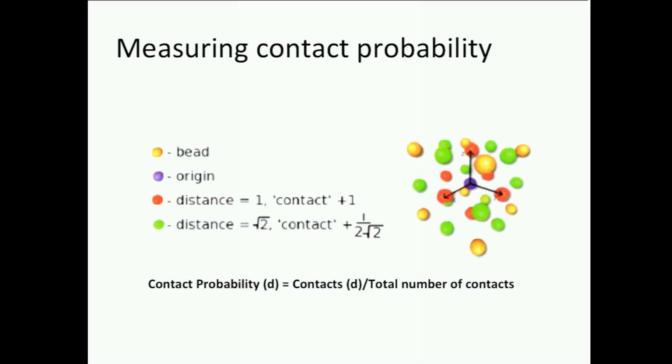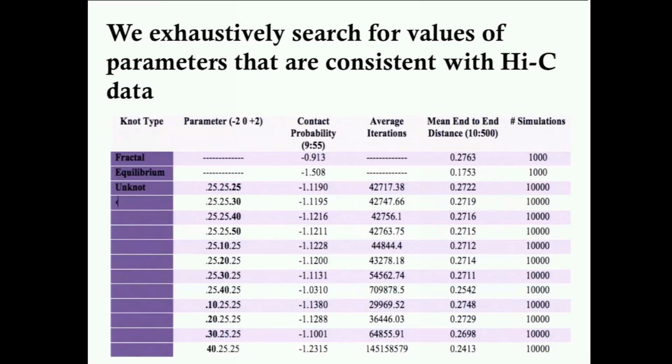And then we consider also those points that are diagonally across and put some weight on those ones, all right? We tried different methods. The results were all consistent, but this is the one that we reported in the paper. So you can define contact probability as the total contacts divided by the possible number of contacts.